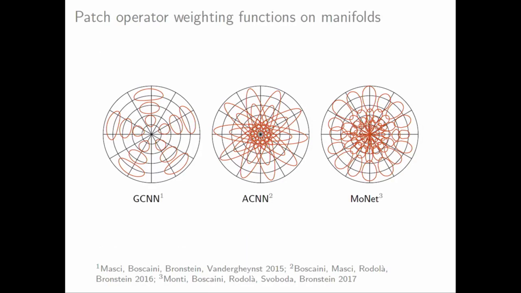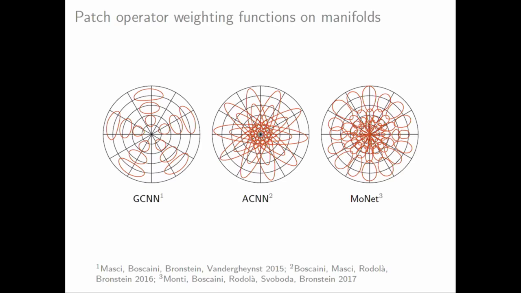If you look at the structure of these weighting functions that define our patch operator, we can come up with different constructions. Previous models that tried to do convolutional neural networks on manifolds used a fixed system of weights. For example, the geodesic CNNs used weights defined by some kind of radial and angular binning.